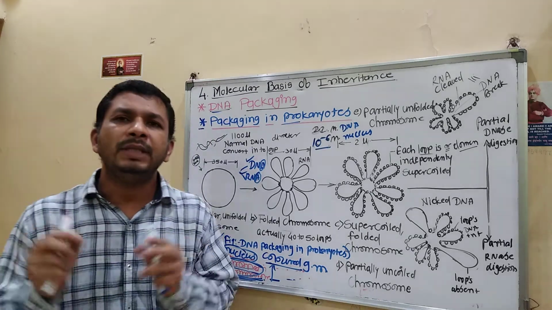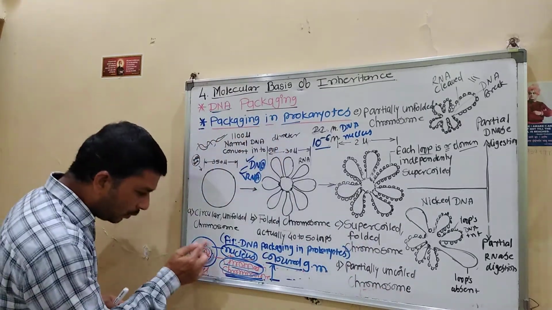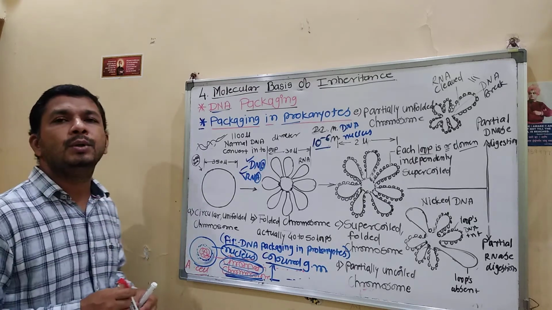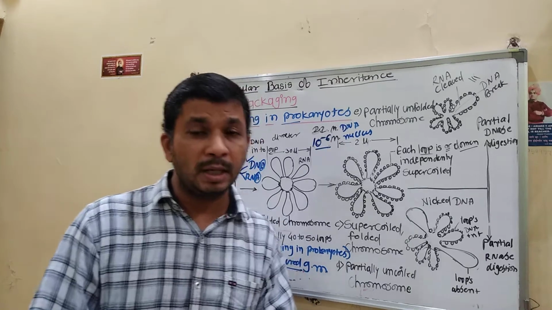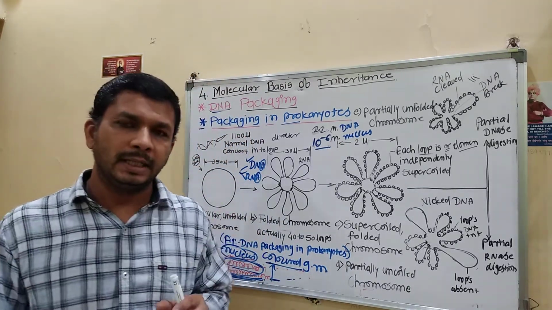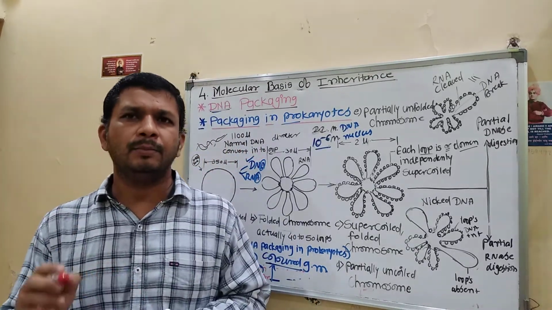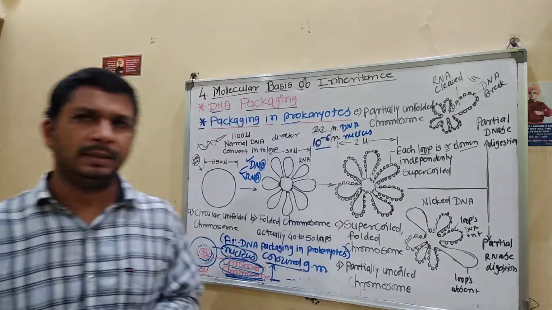They are without nuclear membrane and nucleolus. Nucleoid is a small, circular, highly folded naked ring of DNA which is 1100 micrometer long in diameter. Right?